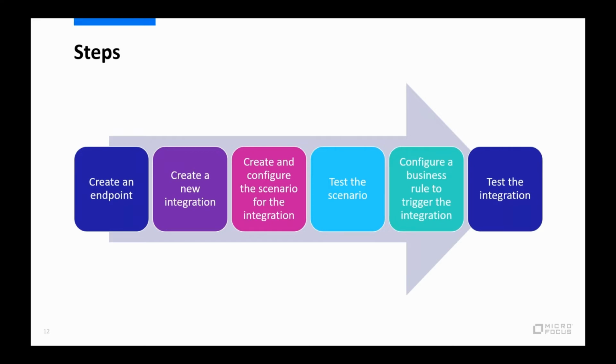Then I show you how you can test the scenario without always invoking a business rule from SMAX Studio. We have a workaround for this, and I can introduce this to you. And then, of course, we finalize the integration, configure the business rule in SMAX Studio to trigger it, and then we test the integration for real by flagging an incident as a major incident, and if all goes well, the incident should appear in the Slack channel.